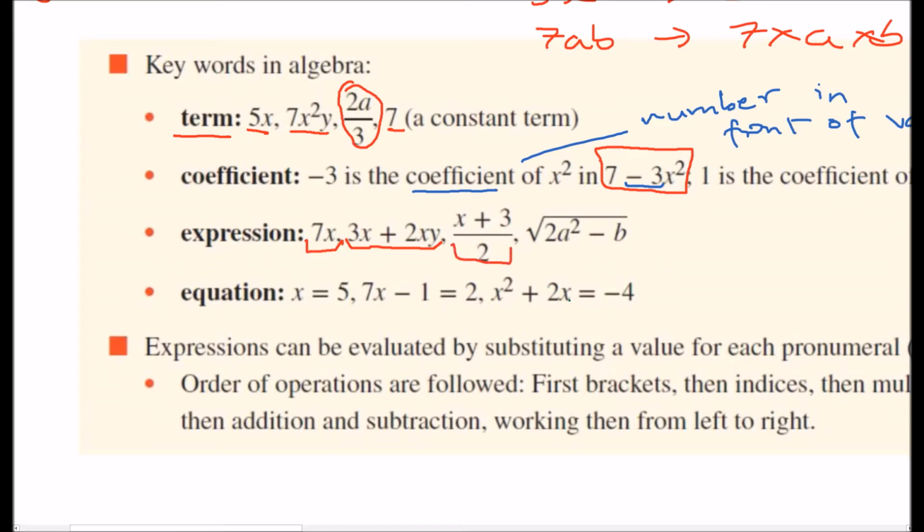You've got to have some unknown variable, and then you could have other terms and coefficients put together into one. Now the main thing to remember with expressions is there are no equal signs.